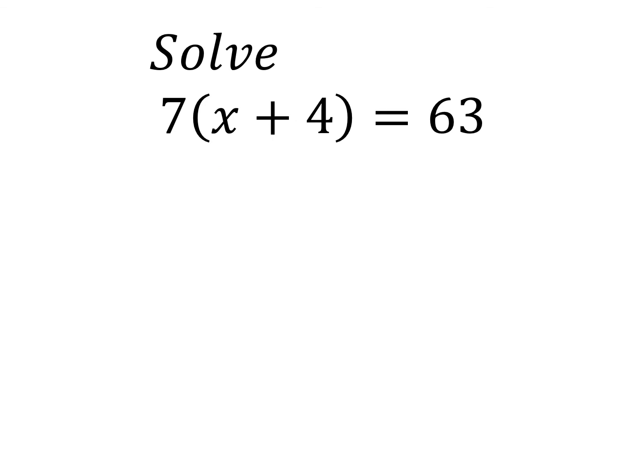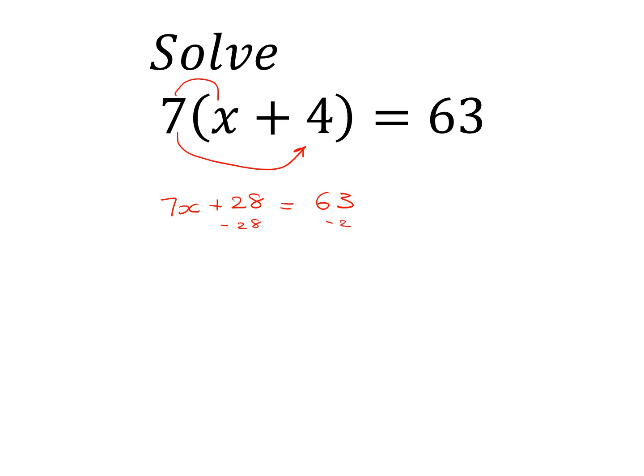All right, next one. Again, pause the video and have a go. Okay, so expand the bracket. 7 times x is 7x, and 7 times 4 is 28, equals 63. Now take away 28 as always.